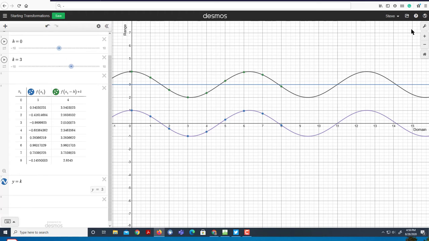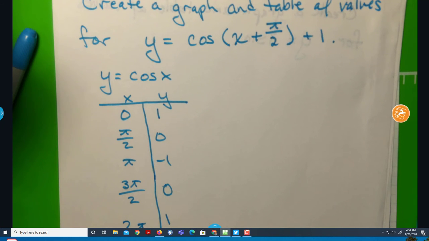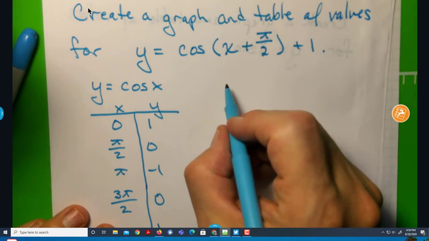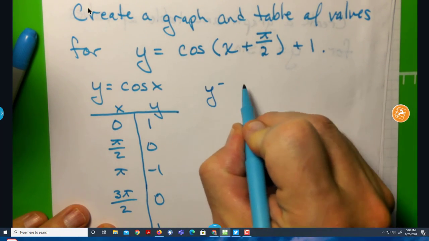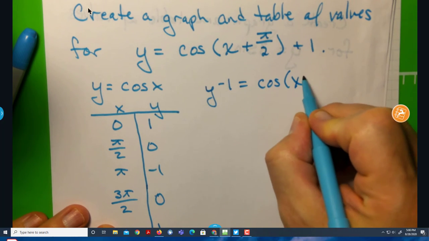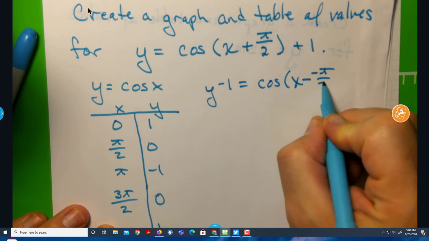Wait a second. Maybe I should take a look at this. I might have to do some algebra. Okay. Mr. Isaac, I thought it was subtracting. Okay, let's see. So y, I'm going to bring this over here. Minus negative pi over 2.